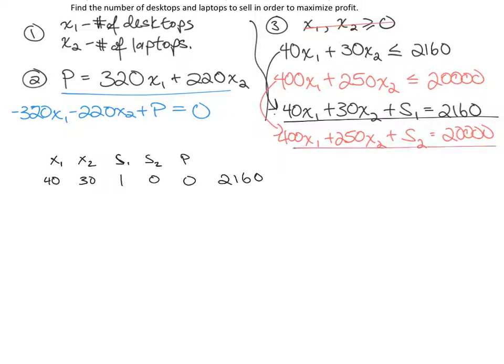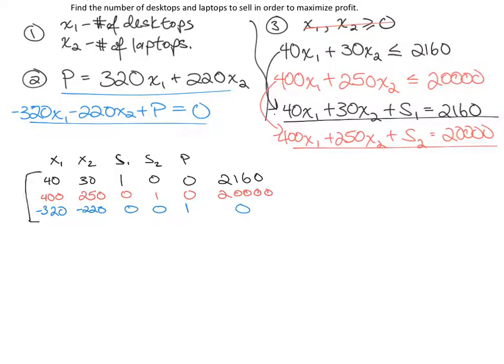The red equation here, 400 x sub 1, 250 x sub 2, 0, 1, 0, 20,000. The last one here was the profit equation. We had to do negative 320 x sub 1, negative 220, 0, 0, 1, 0. And there's the Simplex Tableau.